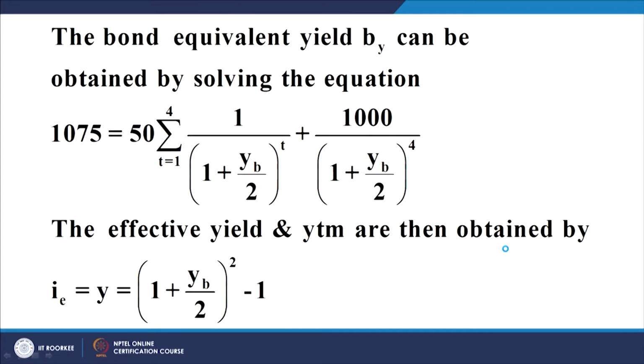Let me repeat once again, we halve the coupon rate multiplied by the face value, and we get the coupon payment at the end of each half year. We discount all these coupon payments assuming half year periods as units of time instead of full year periods. In other words, we double the number of years for which the bond exists, and we also discount the face value, the redemption value of the bond, similarly.